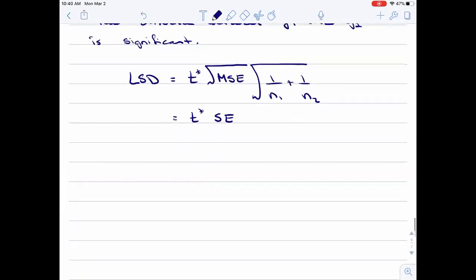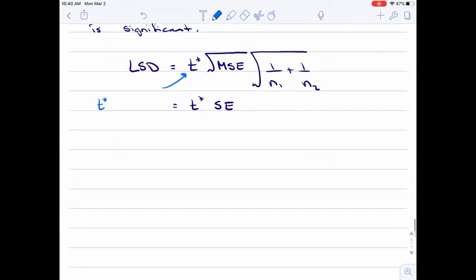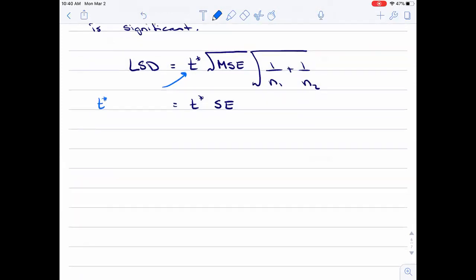Okay, to get our T star, let's break this down a little bit. Our T star has degrees of freedom equal to the error degrees of freedom, and a confidence level that you've decided.